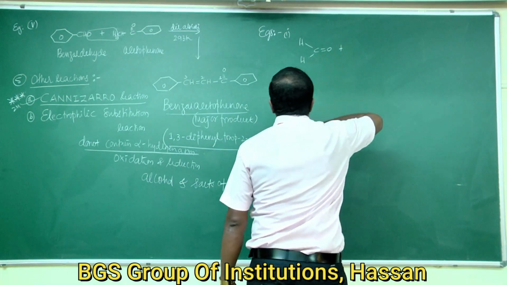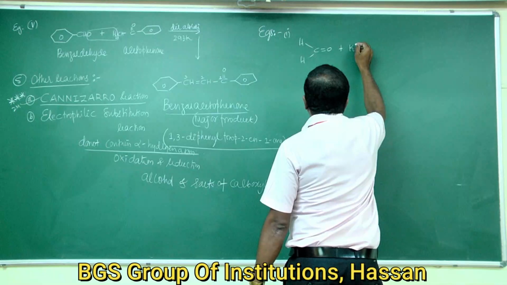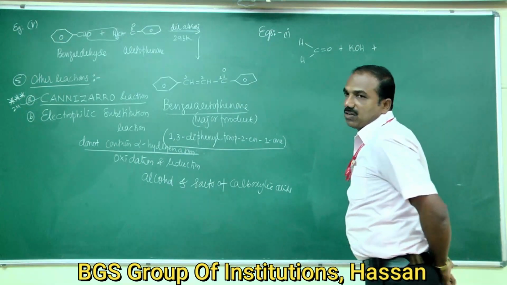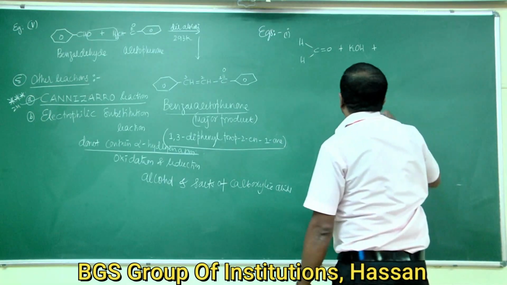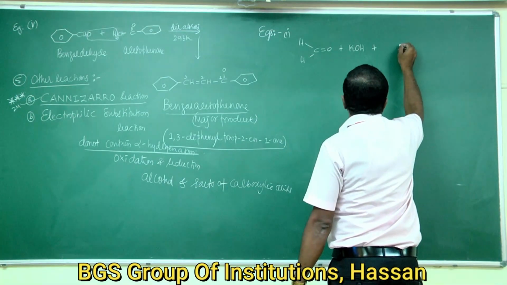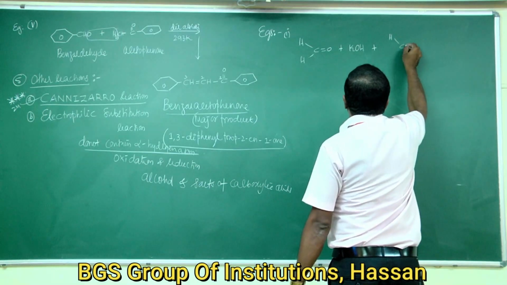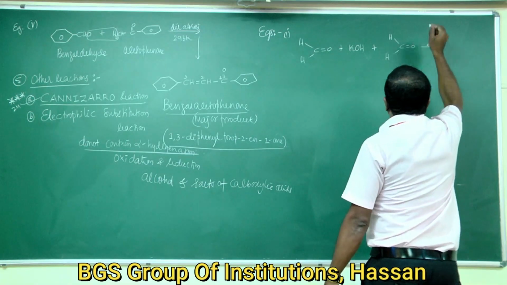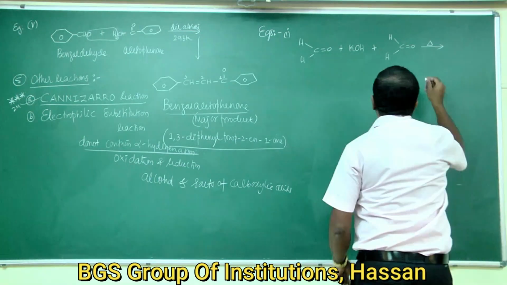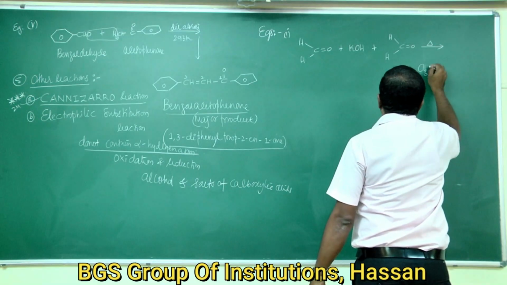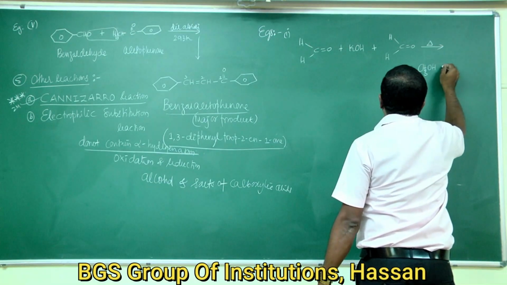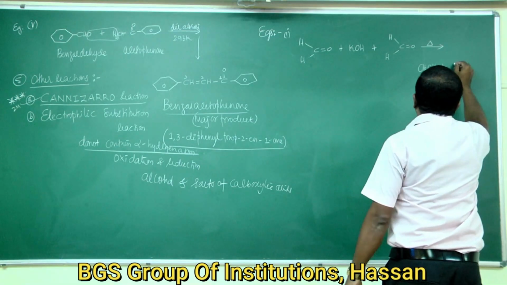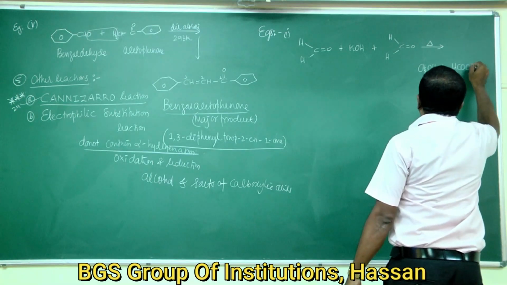When 2 molecules of formaldehyde are heated with concentrated alkali, potassium hydroxide, they give an alcohol, CH3OH, plus HCOOK.